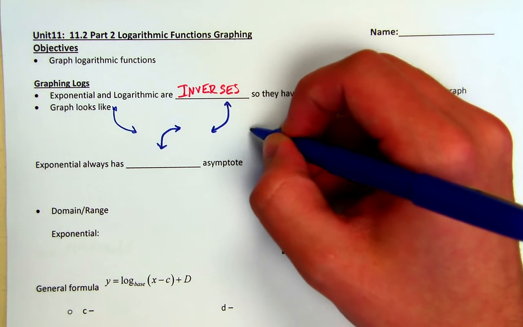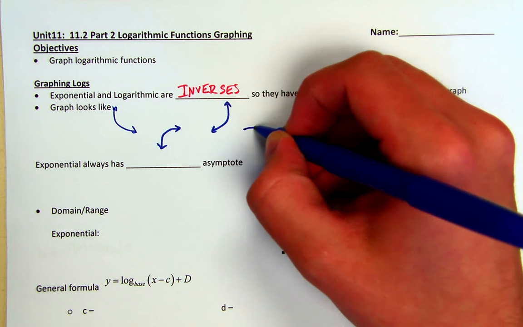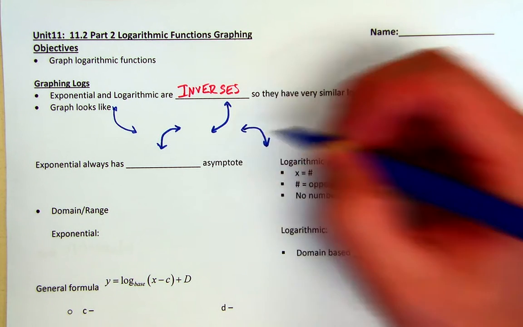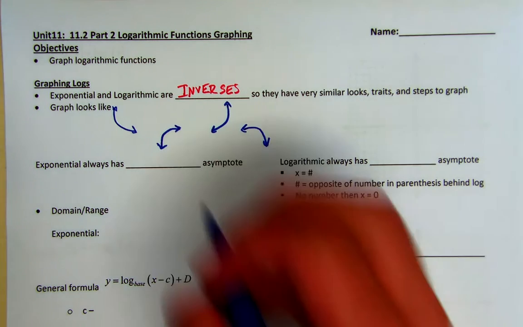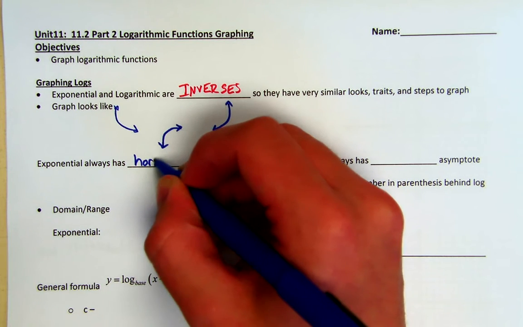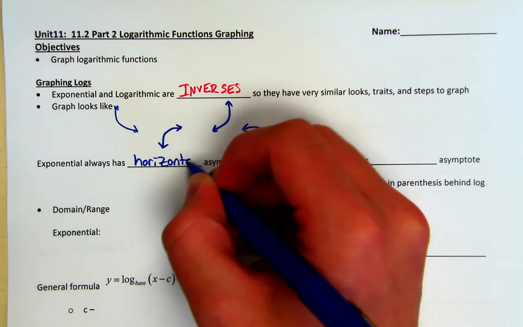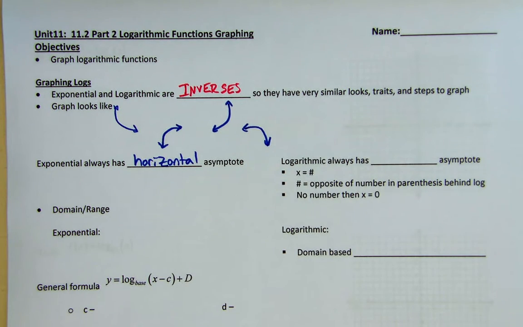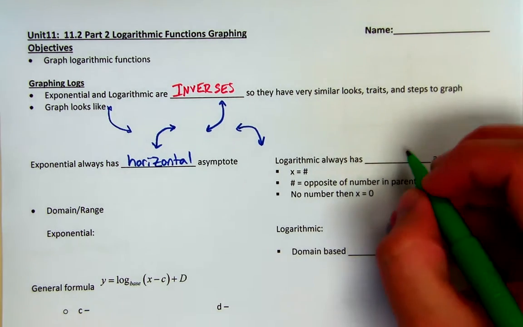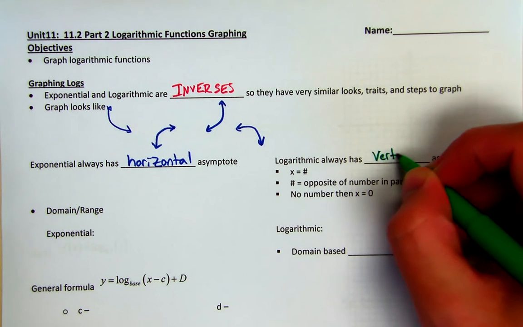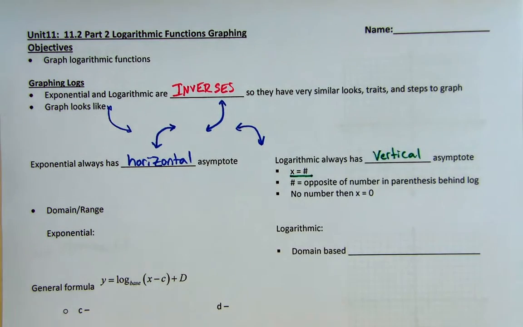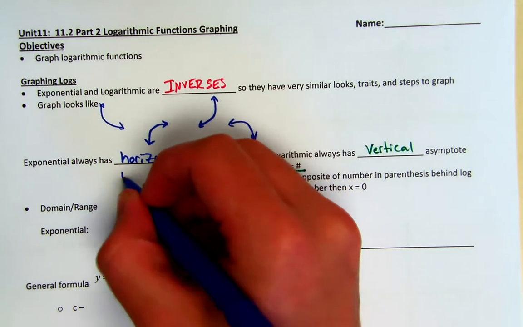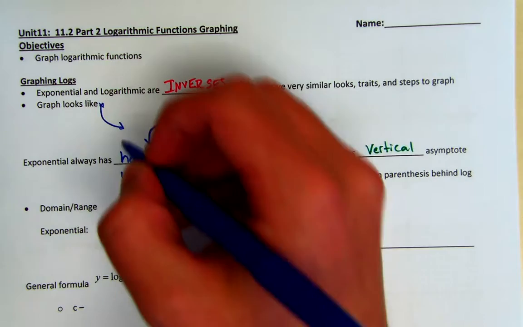Very similar to exponentials. Exponentials always have a horizontal asymptote, whereas logarithms always have a vertical asymptote. Vertical means it needs to be x equals something, whereas horizontal was y equals some number.